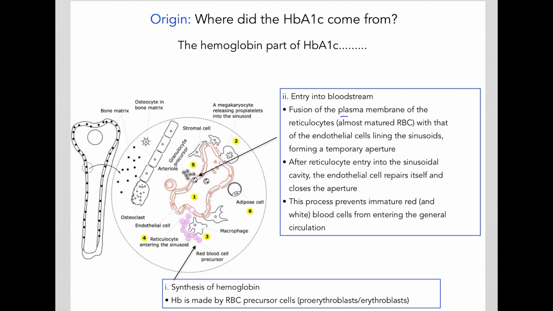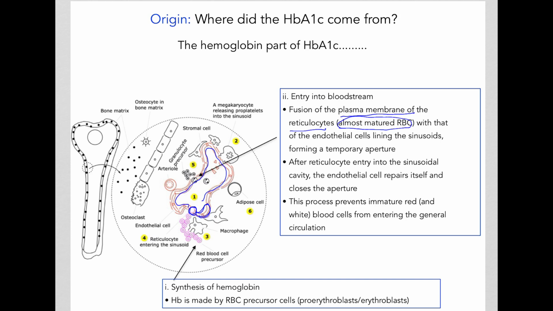The reticulocytes are almost matured red blood cells. The plasma membrane of this reticulocyte will fuse with the plasma membrane of the endothelial cells that are surrounding these sinusoids present in the bone marrow.